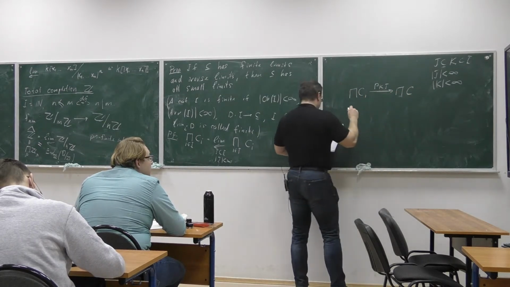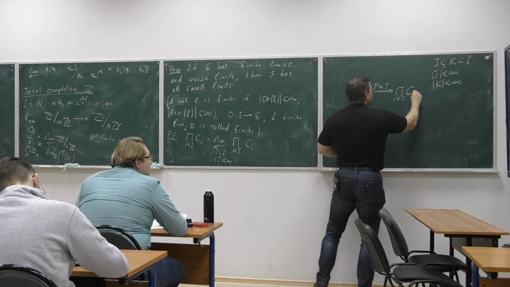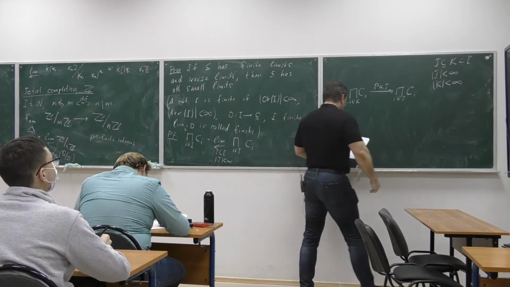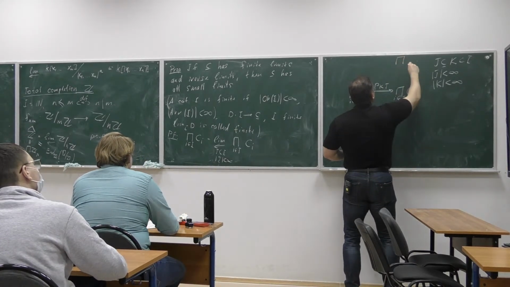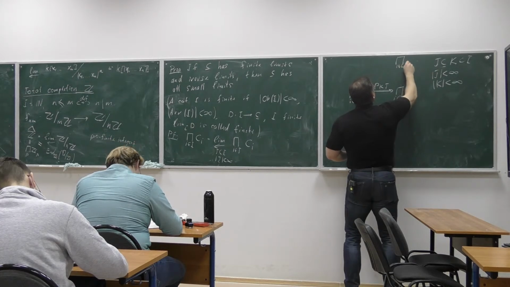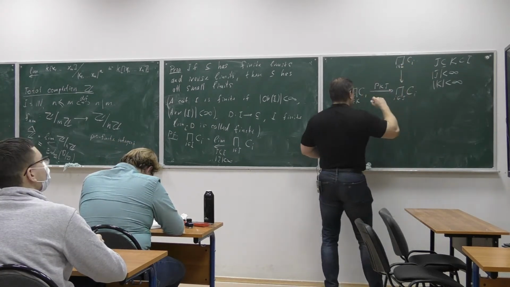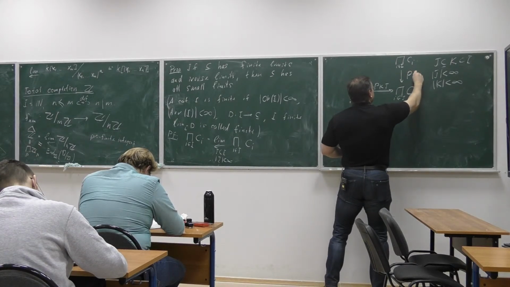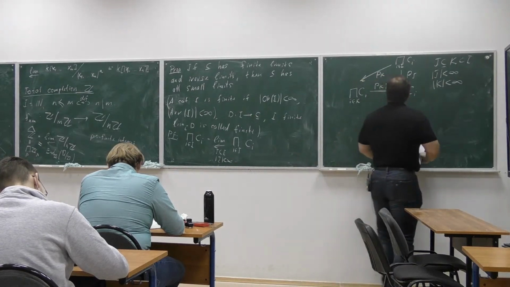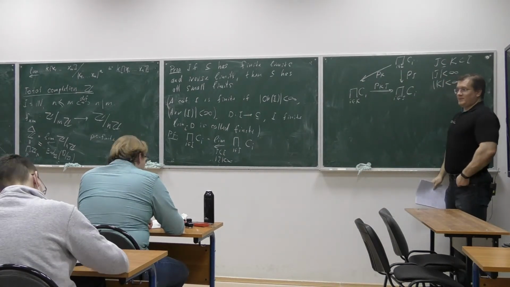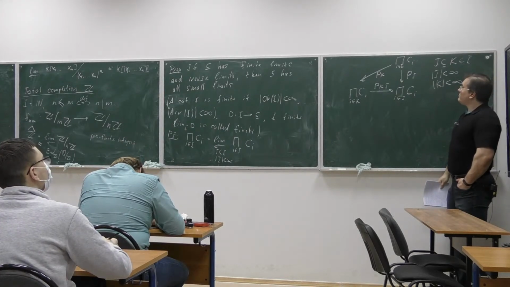So this is a product over i in K, and this is i in J. And for this infinite product, with i in the set I, we also have projections. So this is P_J, and this is P_K, right? Do you see why we have all those projections?